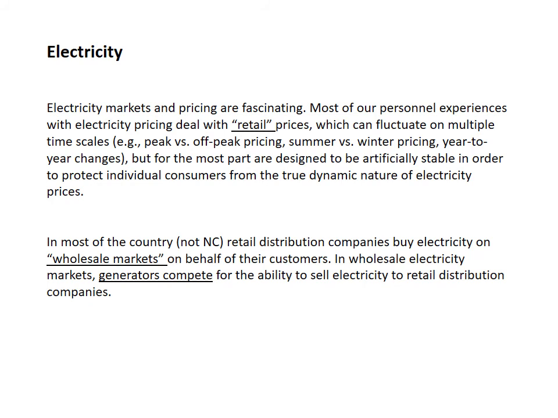And then you become Duke Energy, the retail distribution company, and that part of Duke Energy would go on to the wholesale market and buy electricity at the cheapest price for its customers. And so this is a way of getting individual generators all across the country, or in certain regions, to actually compete with each other for the ability to sell electricity based on cost.